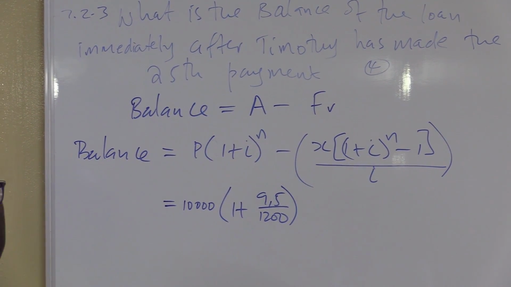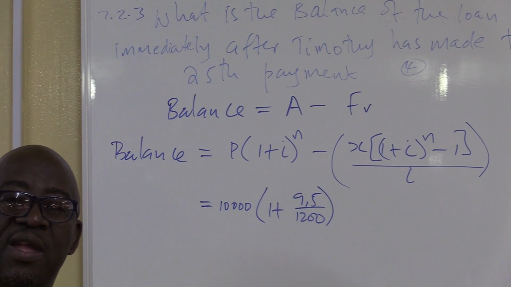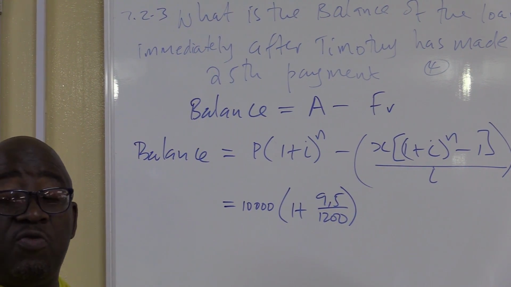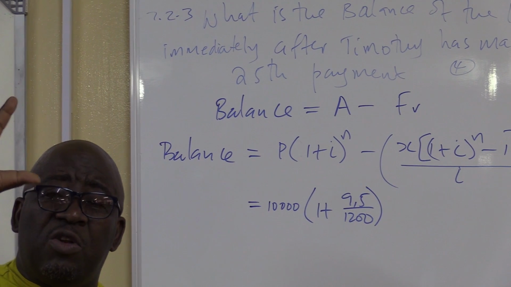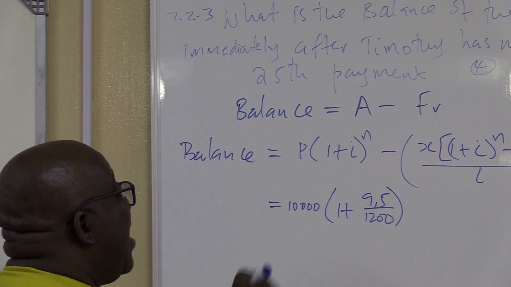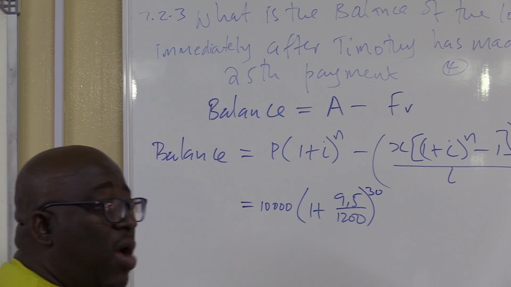After 25 payments, how much is the loan? The loan stayed with me for 30 months, not for 25. I'm not going to use 25 because there are 5 months that I was not paying for this loan. So n in this particular case will be 30, not 35. I hope you understand why.